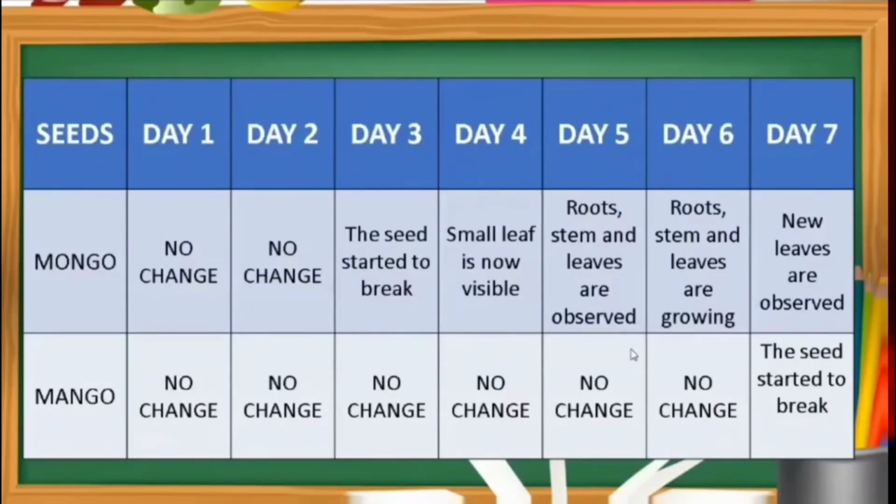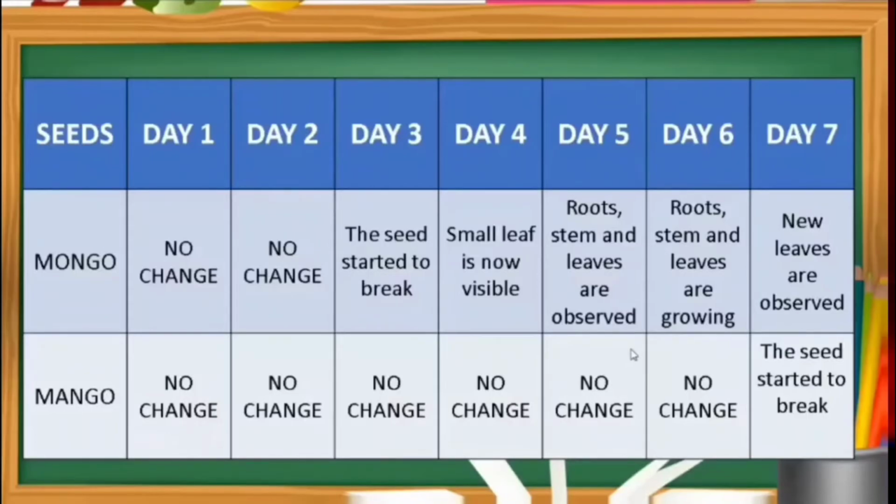For day 3, mongo seeds started to break, while mango seed showed no change at all. For day 4, mongo seeds developed small leaf. Mango seeds, there is no change. For mongo seeds, during the day 5, roots, stem, and leaves are now observed. For mango seeds, there was no change.